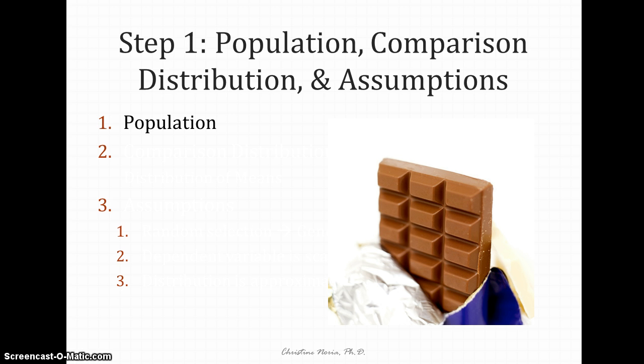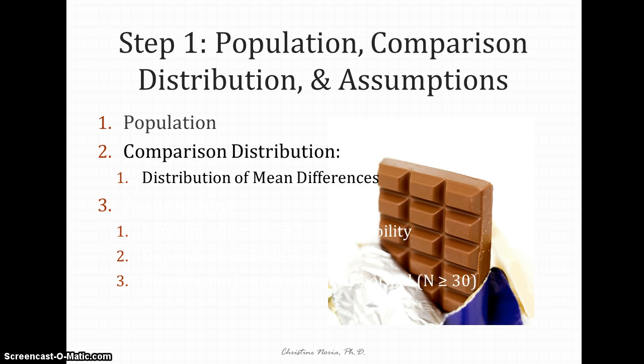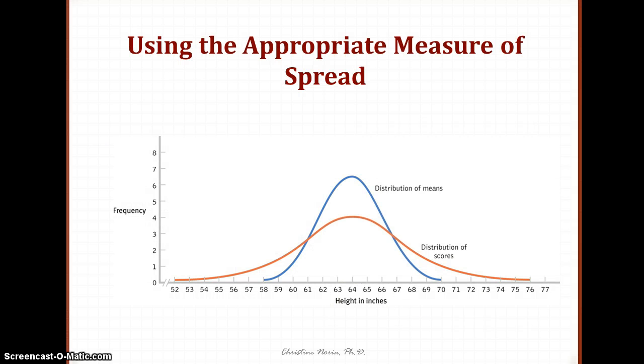So that's our population. Our comparison distribution is a little bit different now, and I'll give you a little bit more information about that as we go through the calculations. The distribution is a distribution of mean differences. So it's the average of a set of difference scores.